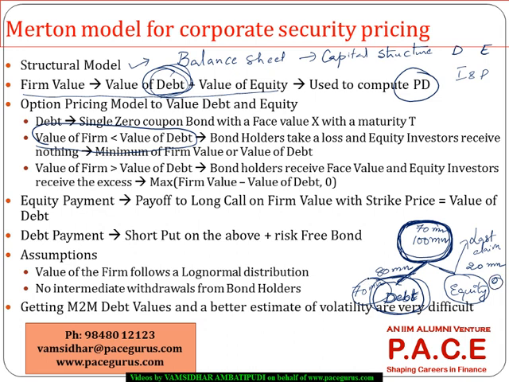Though they have to get 80, because the value of the firm is only 70, they are going to get only 70, absorbing a loss of 10 million. But in case the value of the firm is higher than the value of the debt, they are still going to get their 80 million, and the remaining 20 million will go to the equity investor.